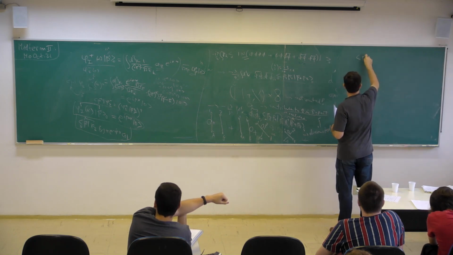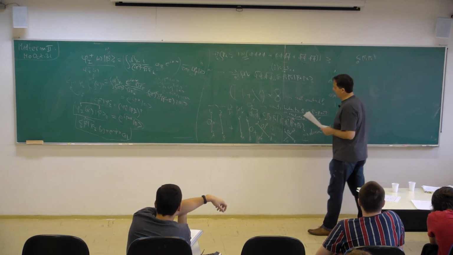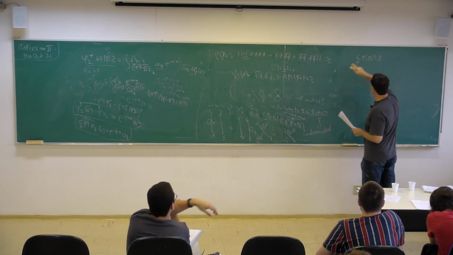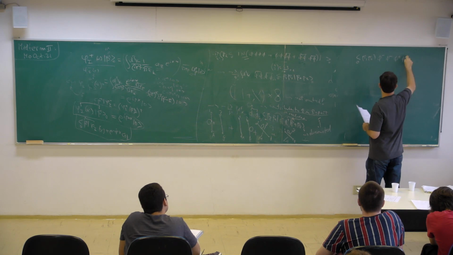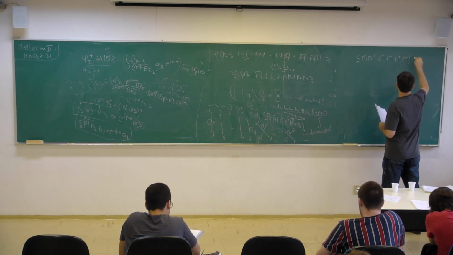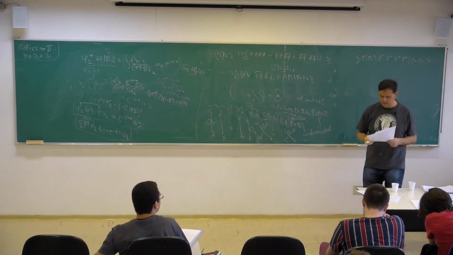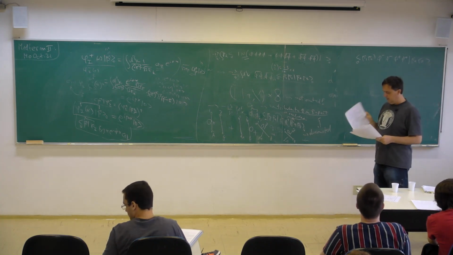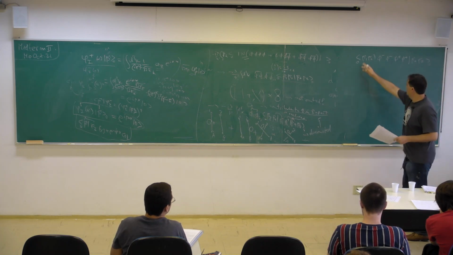So the only non-zero term is where I keep all the phi's, and again, I cannot only look at the normal order term. So I write phi minus, phi plus, phi plus. So let me look at this, and then I'll consider the corresponding prefactor.